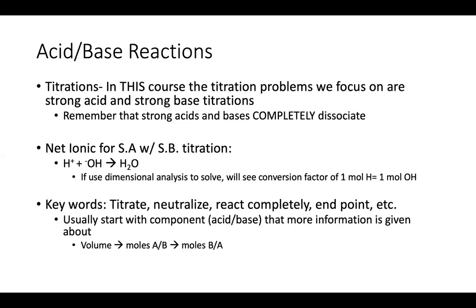But for this course, the titrations we focus on, and you'll see all your acid-base reactions really in forms of titration questions, they're going to be between strong acids and strong bases, right? And remember that both of these dissociate completely, okay? And so because they dissociate completely, the net ionic reaction for the titration between a strong acid, SA, and a strong base, SB, will always be H plus plus hydroxide goes to water.